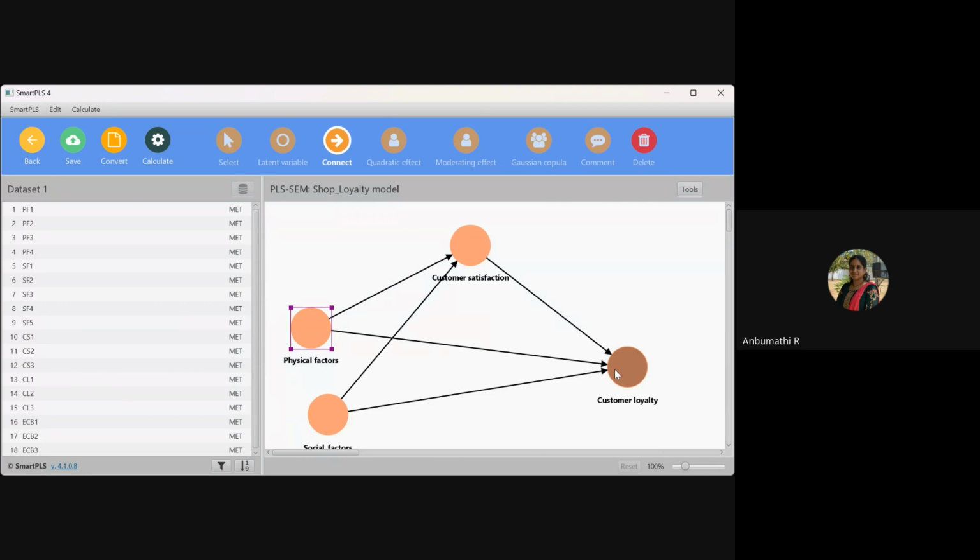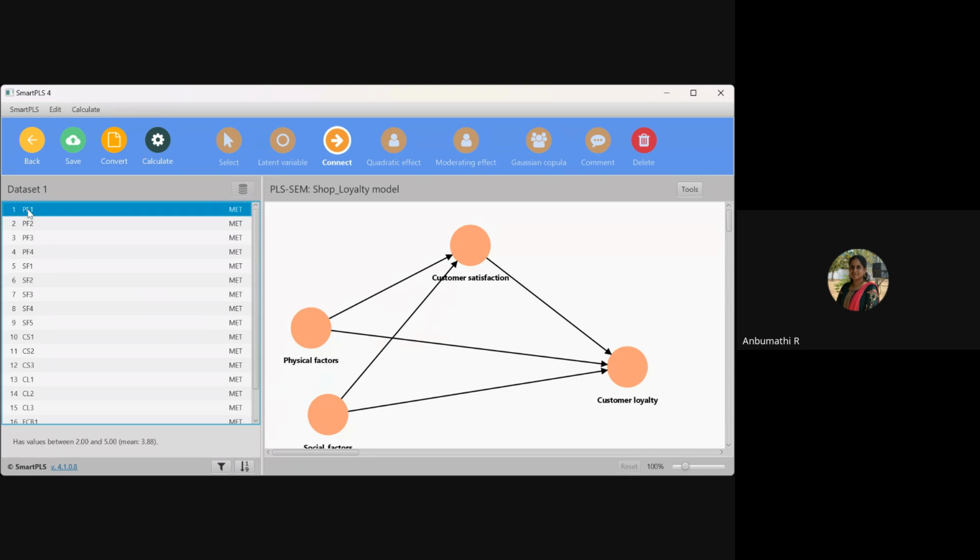So now we have drawn the model, but you can see our model is orange or peach in color. Now we need to drag and drop the indicators. You can see the indicators on the left-hand side.